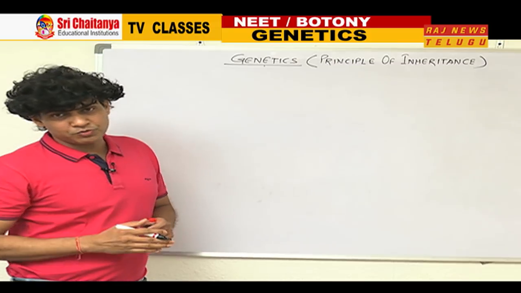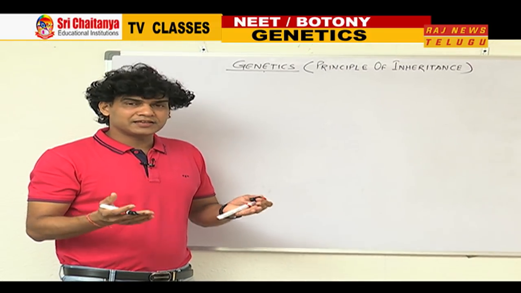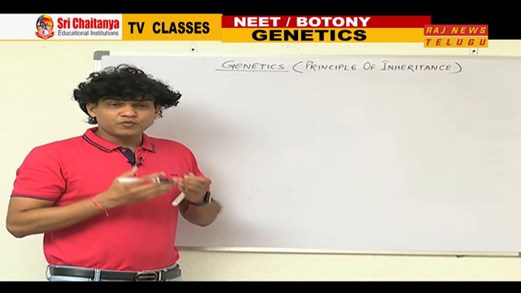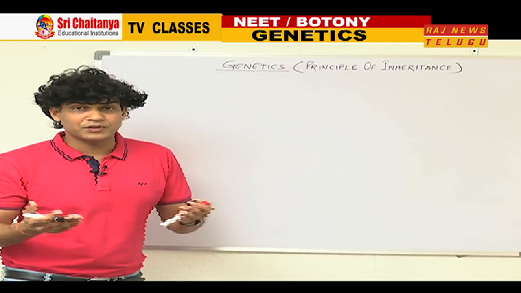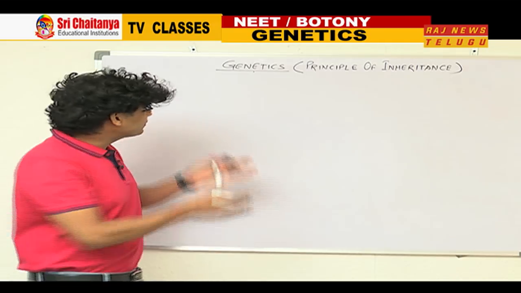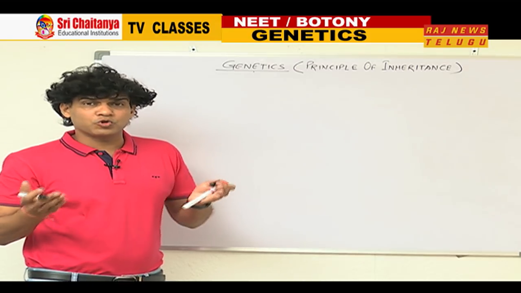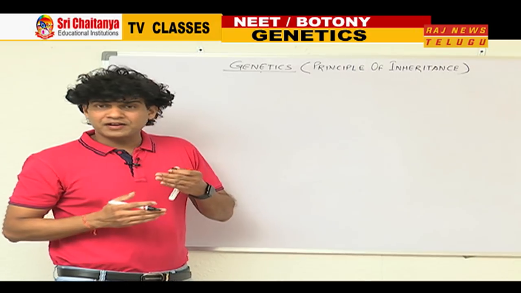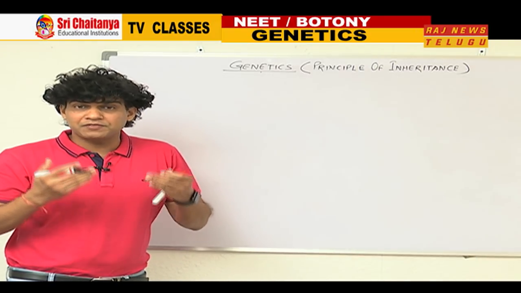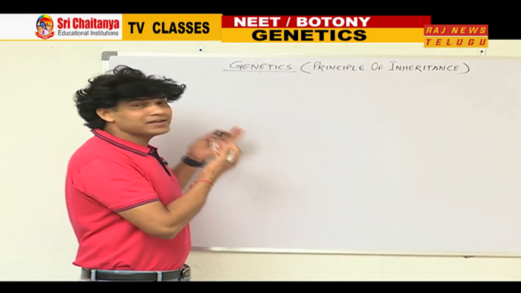This diversity of plants and this diversity of animals that you are watching is just because of genetics. Various kinds of morphological differences among the plants are just because of genetics. The different kinds of tissues and their functions you observe are also just because of genetics. Different kinds of physiological responses among the plants are also because of genetics.